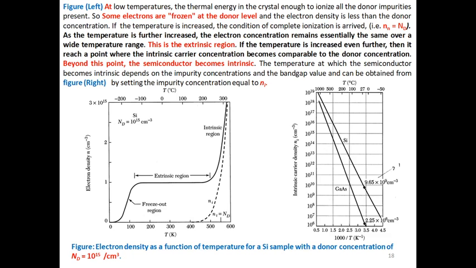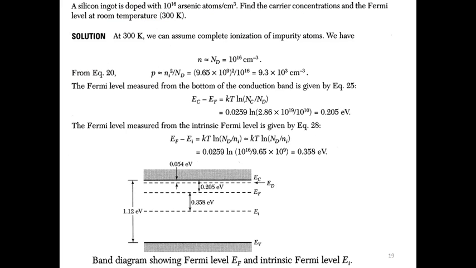Silicon has a band gap of 1.12 electron volt. In the last lectures we already showed this figure, how the intrinsic carrier concentration is a function of the band gap and also of temperature.